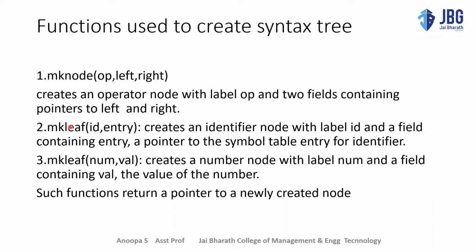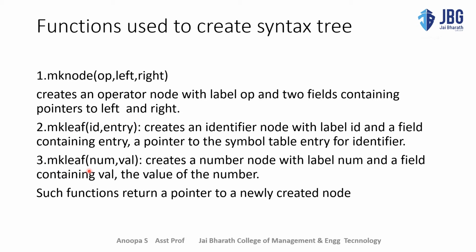Then second is make leaf id comma entry. It creates an identifier node with label id and a field containing entry. What is entry? It's a pointer to symbol table entry for the identifier. So it will create an identifier node with a label id and a pointer to symbol table.